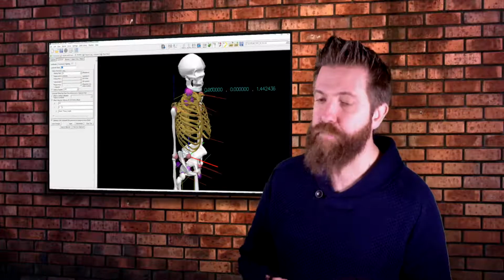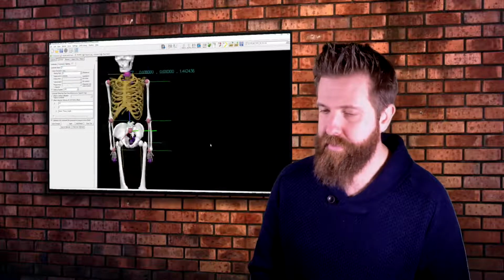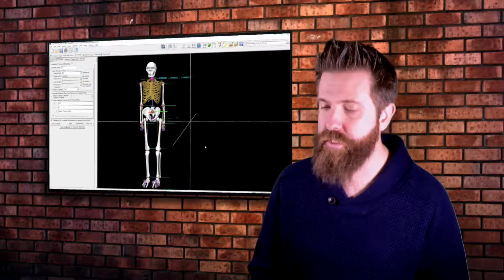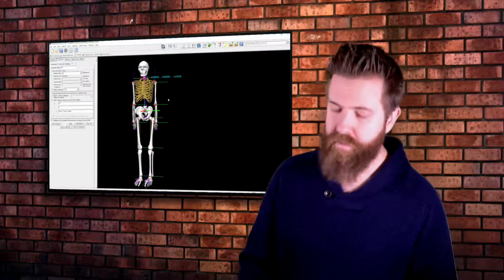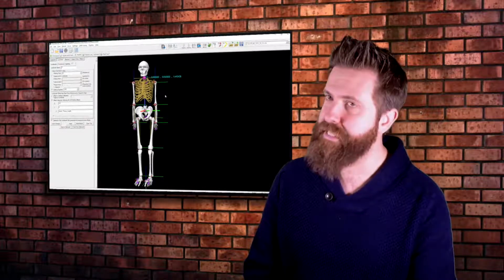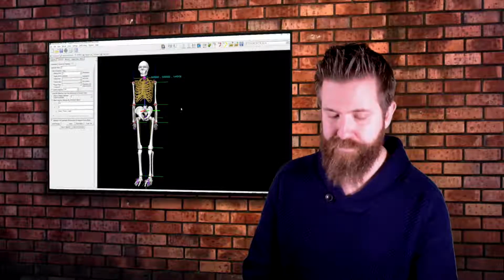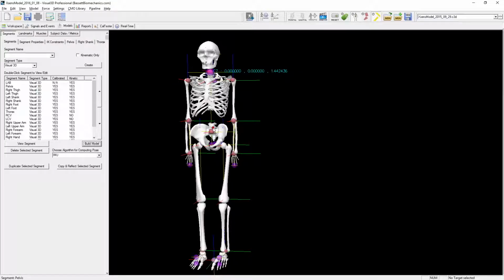So as a brief overview, in case you ever need to know the specifics of how the Xsens model in Visual3D is defined, the easiest way to think of it is from Xsens, we are obtaining the segment height. Obviously, there are a few exceptions, like the foot, where it's actually the length of the foot rather than the height of the foot, but that should be an easy exception to understand.